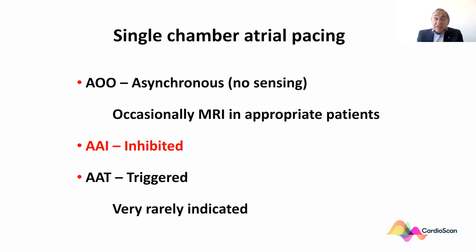AAI is inhibited and is by far the most commonly used single chamber atrial pacing. Whereas AAT, or triggered, means that when the P wave is sensed, the full energy of the pacemaker output is then put into the P wave. This is AAT, or triggered, and is very rarely indicated.